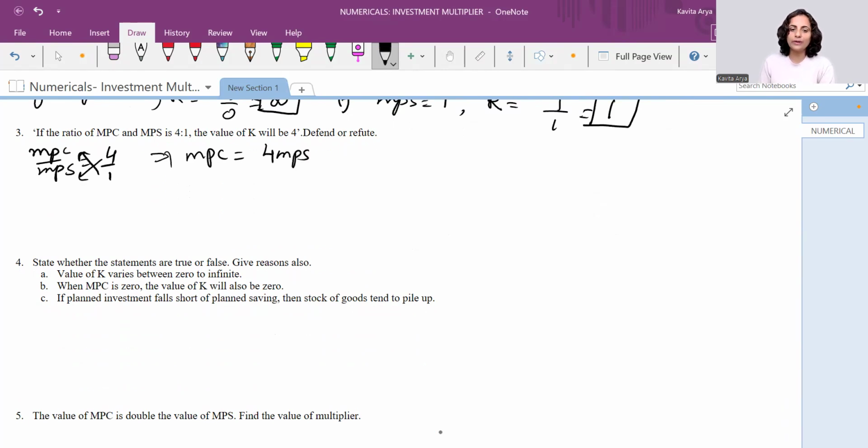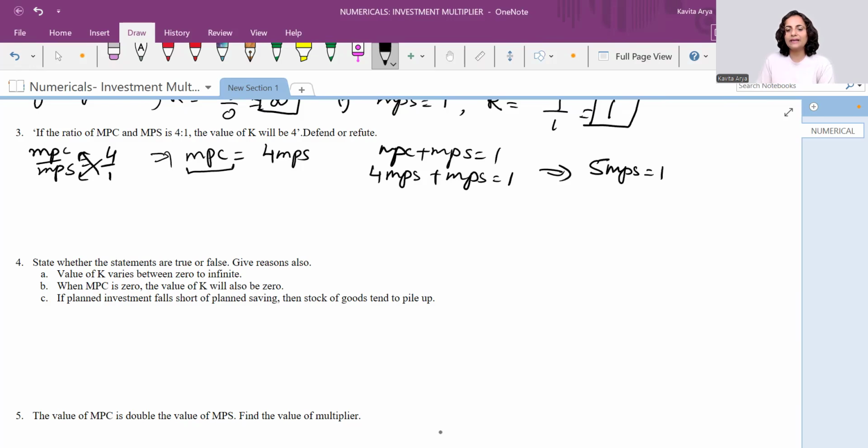So what to do next? We also know that MPC plus MPS is equal to 1. So instead of writing MPC, I'll write 4 MPS. This gives me 5 MPS is equal to 1, and hence MPS becomes equal to 1 by 5.